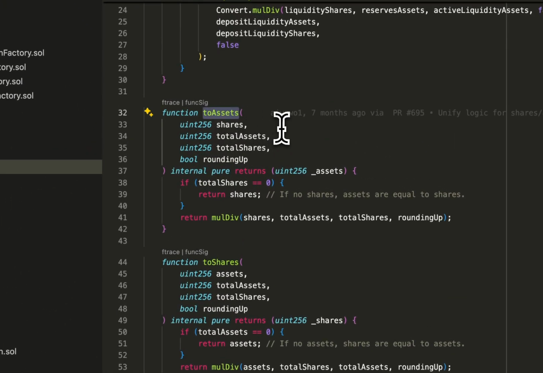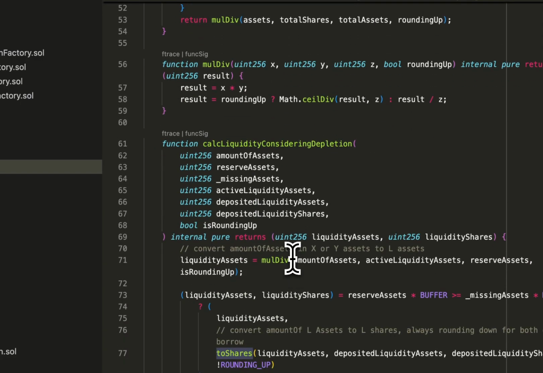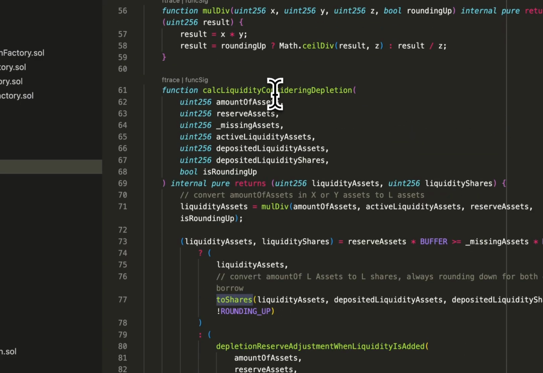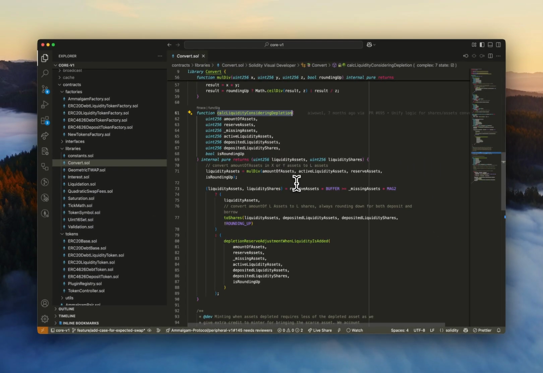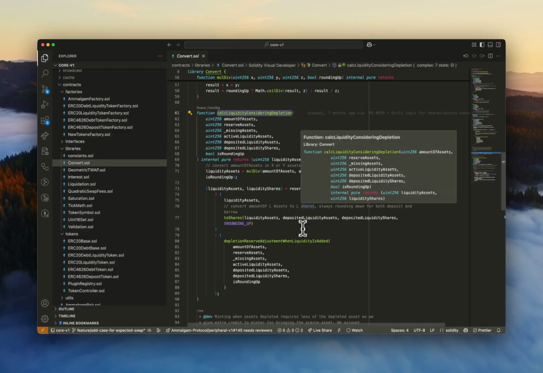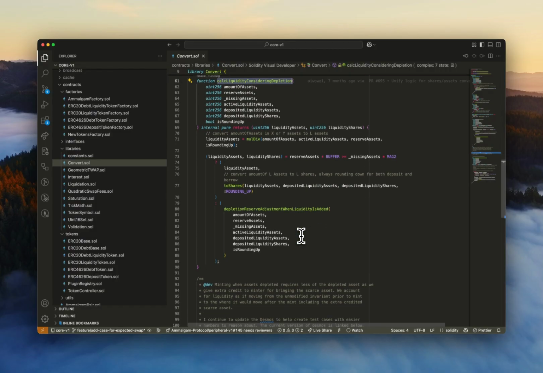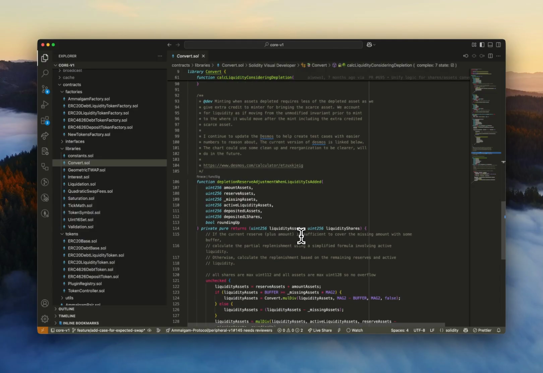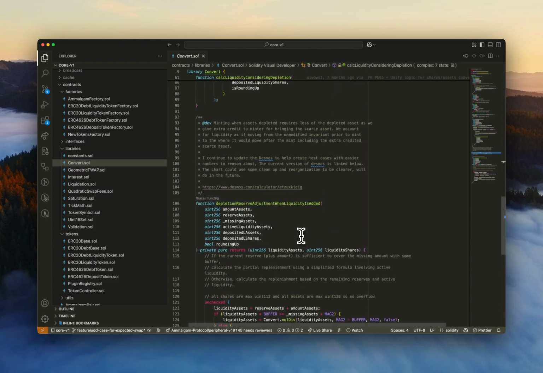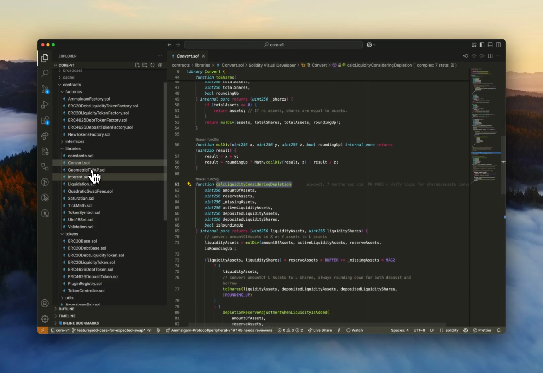Like converting to assets from shares, converting to shares from assets, and some more complicated functions that are used when the borrowed assets start to be meaningful and we can no longer honor the invariant curve, which we call depleted asset protection. There's documentation of that in our docs on our website that goes more into depth than I want to in this video. It's already at 16 minutes.